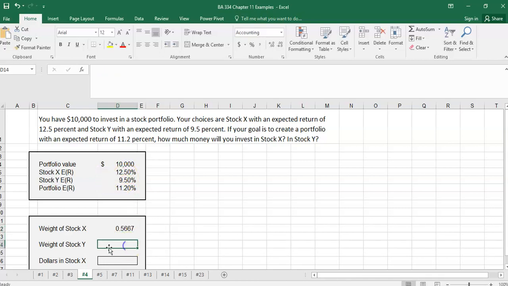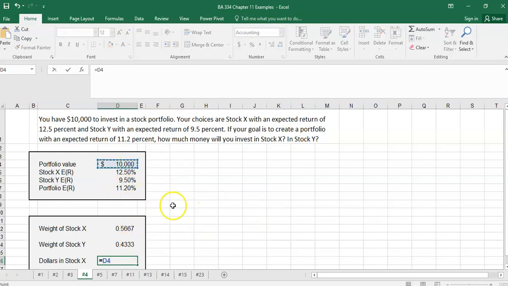And then the weight in stock Y is what is left over in the portfolio to make it to 100%. So that is 1 minus the weight of stock X. Now to calculate how many dollars we have invested, we take the total dollar value of the portfolio times the weight of each stock.